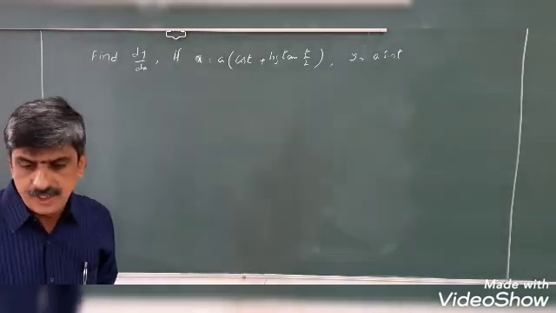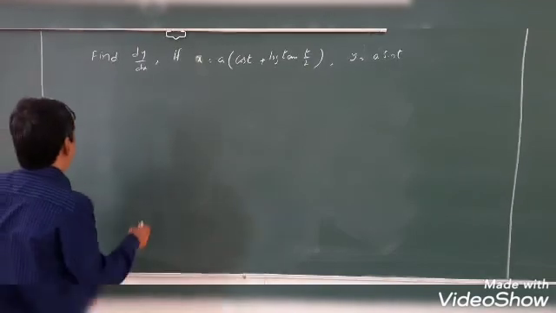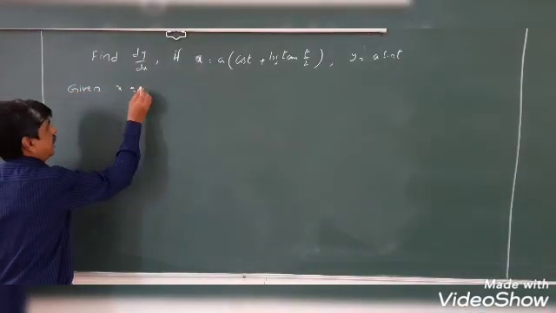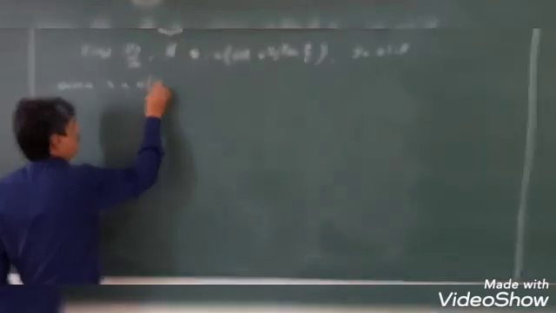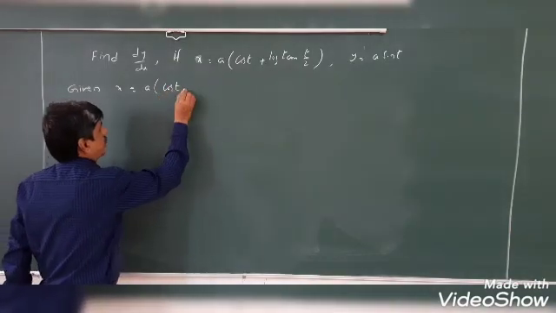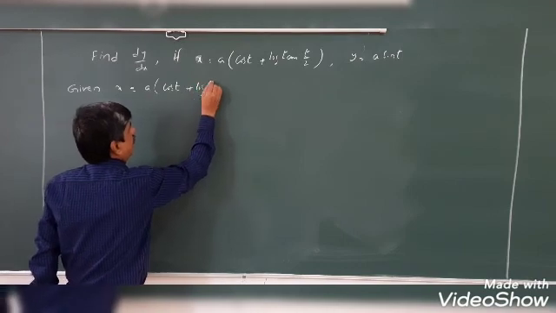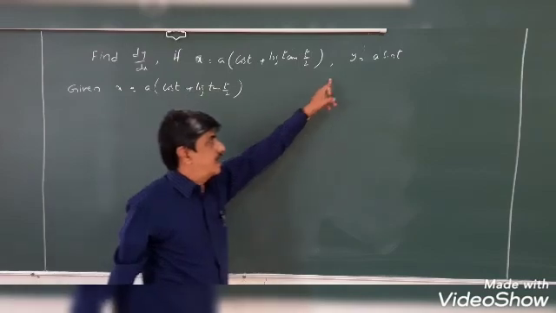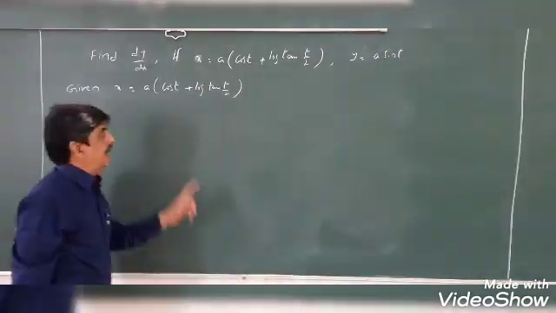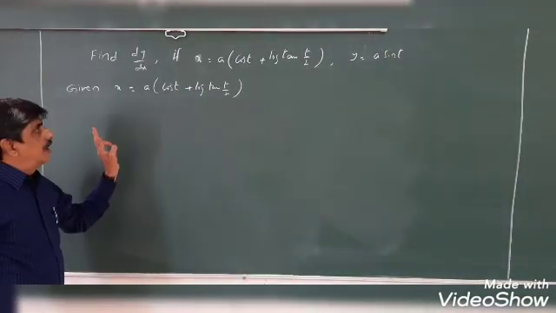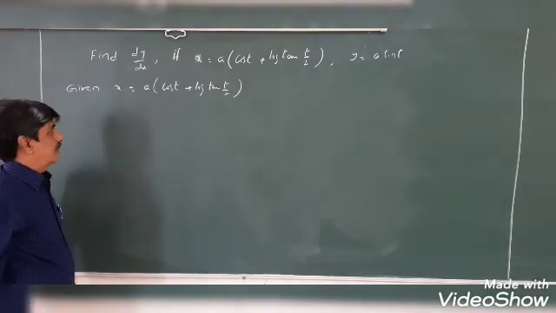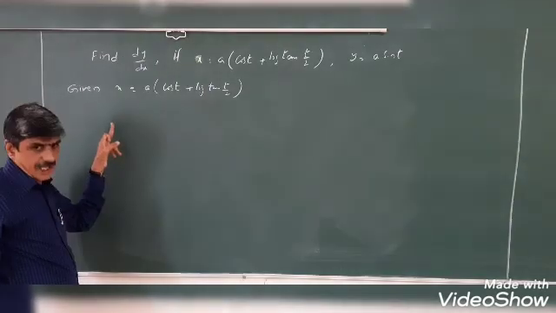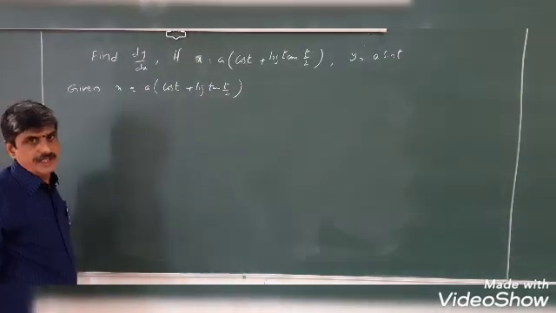Here given x is equal to a into cos t plus log of tan t by 2, y is equal to a sin t. Here x and y are in t variables. We want to find dy by dx, means find dx by dt and dy by dt.